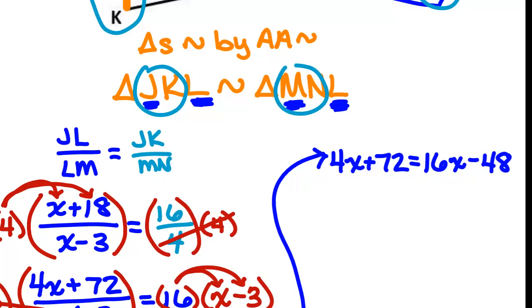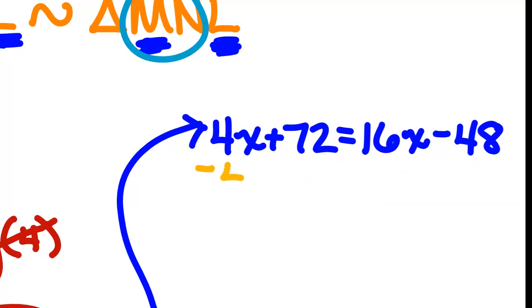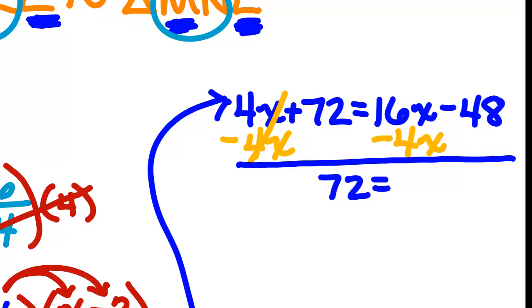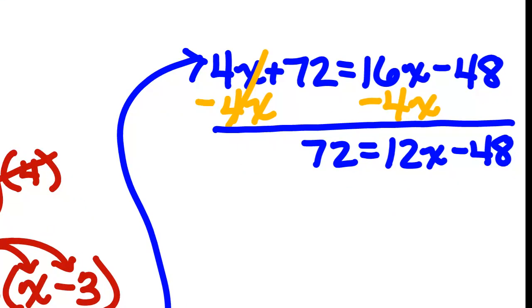My x's are on opposite sides, so I need to get them to the same side. We're going to subtract 4x from both sides to get our x's on the same side of the equal sign. So I would have 72 equals what? 12x minus 48. Have to undo any addition or subtraction that we have on the same side where x is.